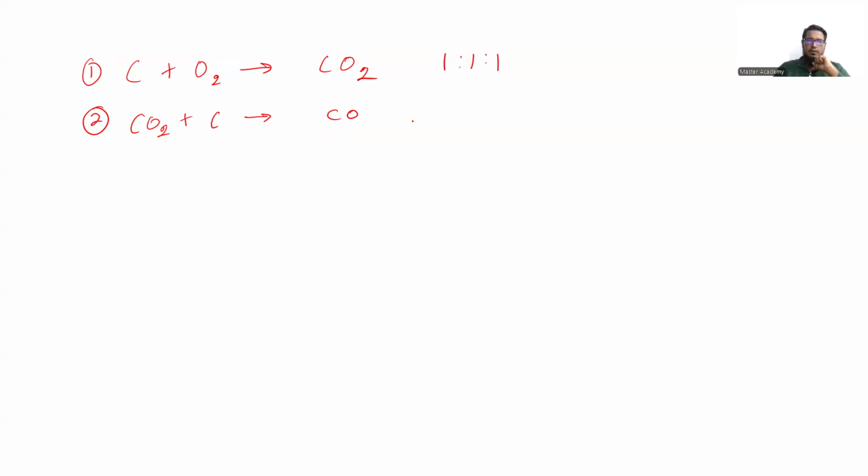To balance the equation, we have two carbons and two oxygens on the left side, and on the right side we have 1 and 1. We just put 2 here. It automatically balances. So the ratio is 1:1:2. Hope you all are clear about it.